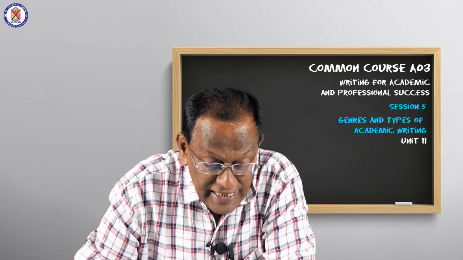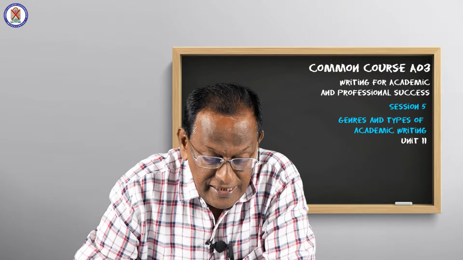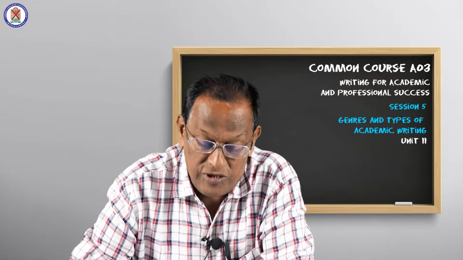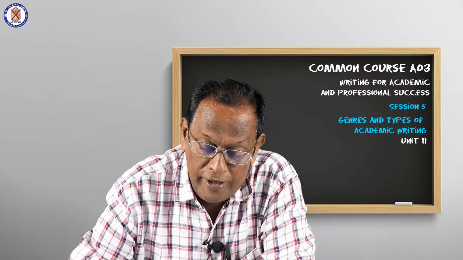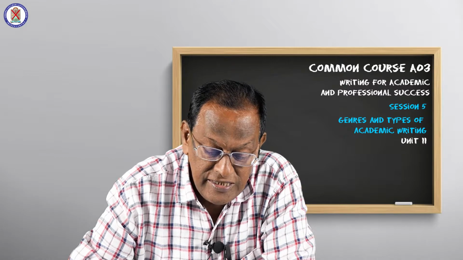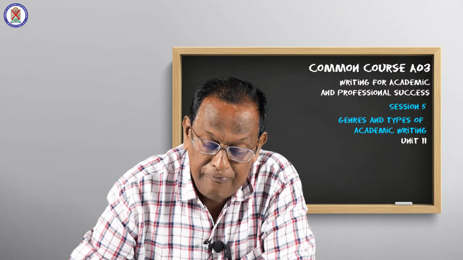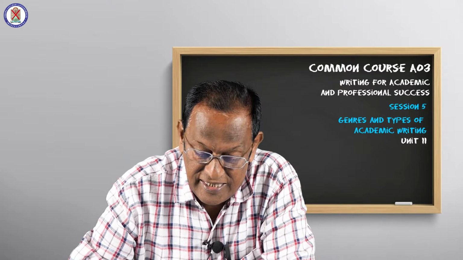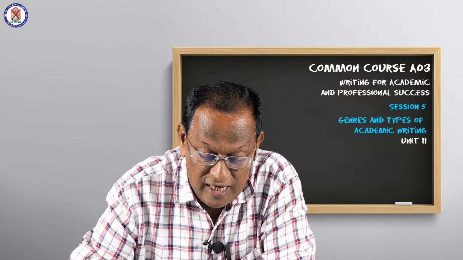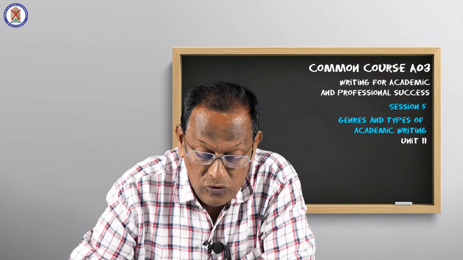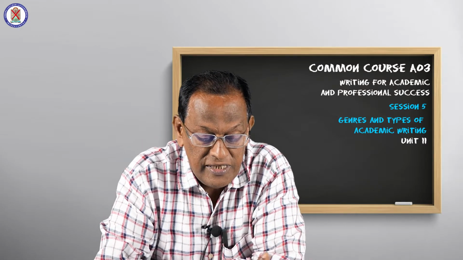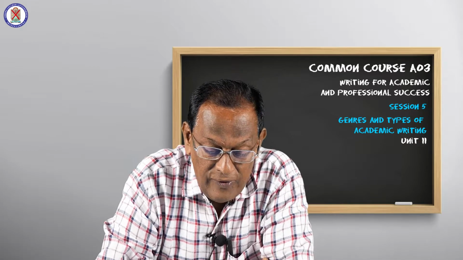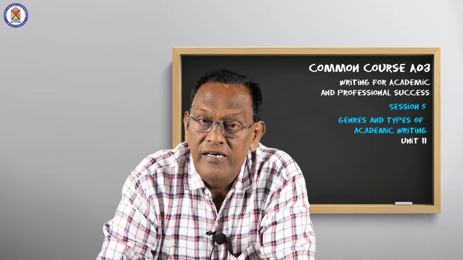Next one is the critical and evaluative approach. It evaluates the merits or points out the inadequacies of an existing work and provides alternatives. Examples are a critique of a journal article or a review of literature. In all these kinds of academic writing, you can use this critical and evaluative approach.